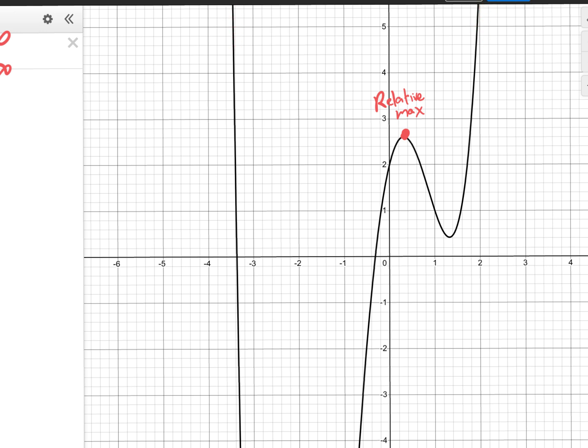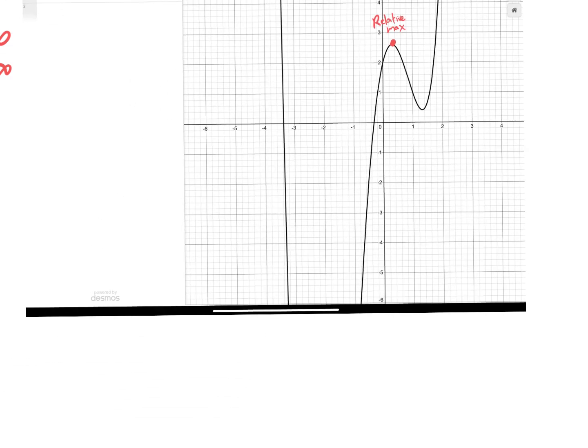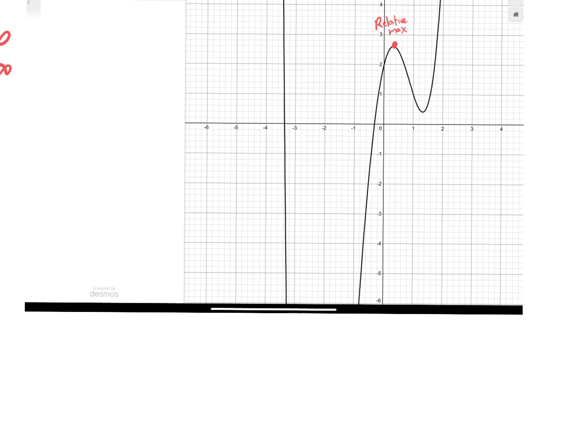Okay. Is there a relative minimum? Yes? Okay. Is there an absolute minimum? Yes. Even though right here it got cut off because I didn't scroll down to see where it was, we could imagine that this graph comes down, down, down, and then at some point it curves back up.